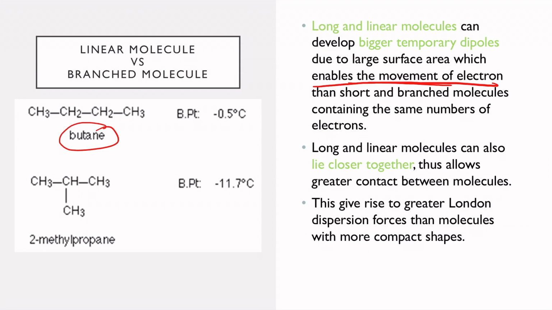Okay, imagine ni kan, ni linear punya. So kalau linear dengan linear, dia punya contact banyak. Faham tak? Dia punya surface area expose pula. Surface area dia larger. Kalau the methyl propane, imagine dia macam ni kan.